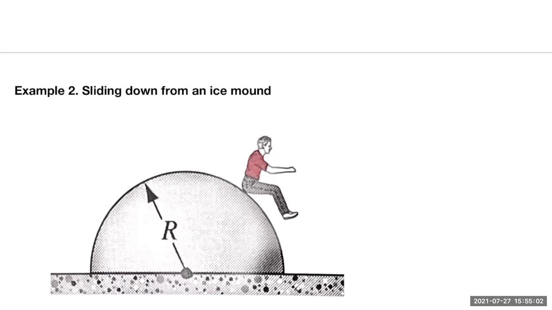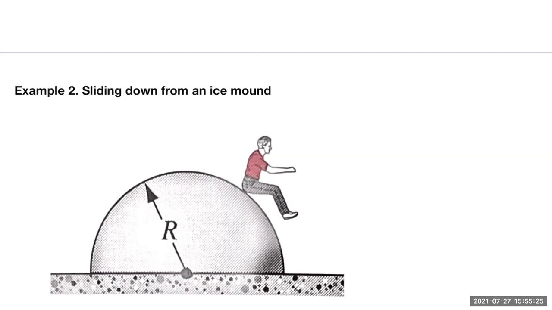Now, in this particular illustration, the size of the person is probably a little exaggerated, but when we do the calculation, we can replace the person with a point, and therefore we don't have to worry about which part of the person I should be using to measure for his circular motion.